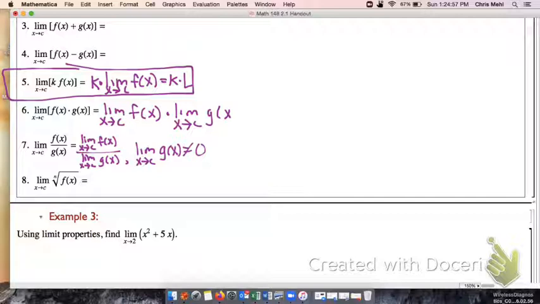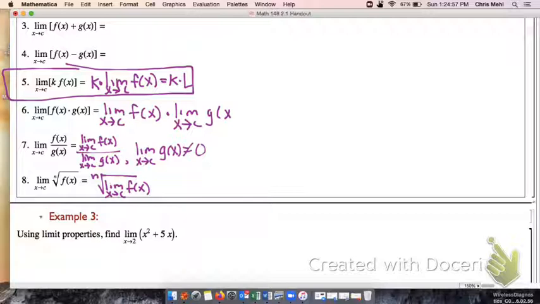And the last one is if you take the limit of an nth root, you can bring the limit symbol underneath the radical. So you can do the nth root of the limit of f of x first, or you can do the limit of f of x first followed by the nth root. So these are all the properties of a limit that allow us to do all the algebra of limits.